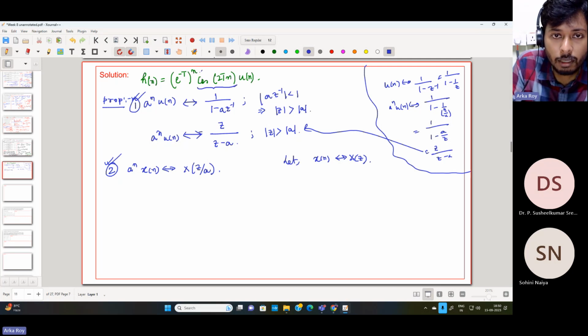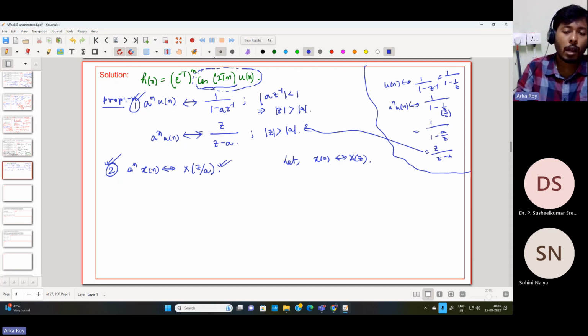If I can find the Z transform of this, then I can use this second property, considering e to the power as a, and a to the power n, so I can exploit this expression. So our main job for this question is to find the Z transform of h[n]. First, we need to focus on the Z transform of cos 2t n.